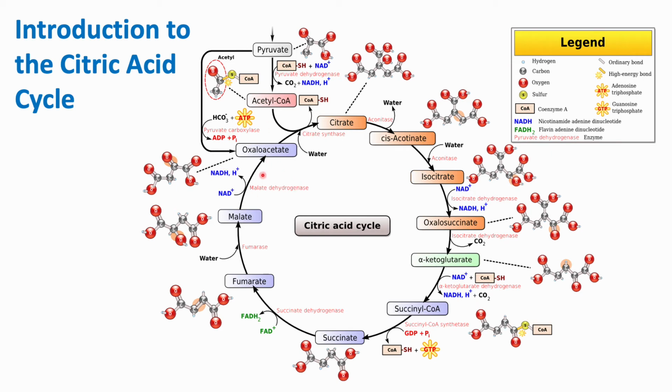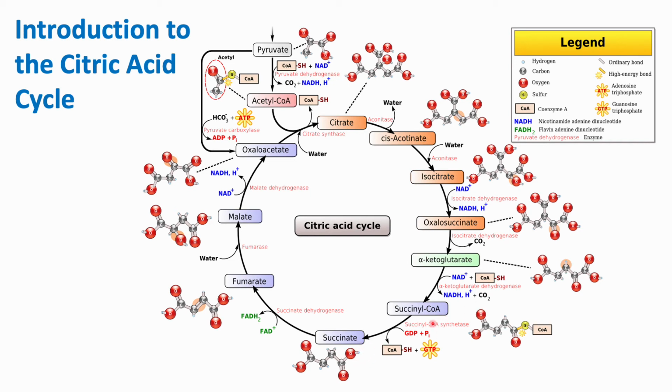oxaloacetate has 4 carbons. So now succinyl-CoA has 4 carbons. And also what happened in this process where we were reducing NAD plus and producing carbon dioxide via the dehydrogenase enzyme was that we were also attaching a coenzyme A group, forming succinyl-CoA. So succinyl-CoA, once it's produced, is going to then create succinate, in which it's going to lose the coenzyme A group.